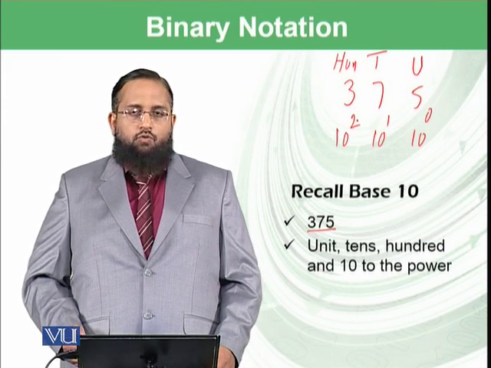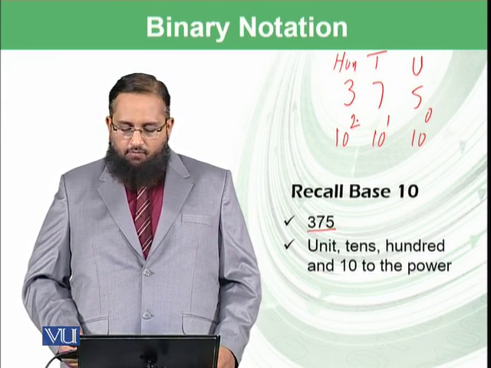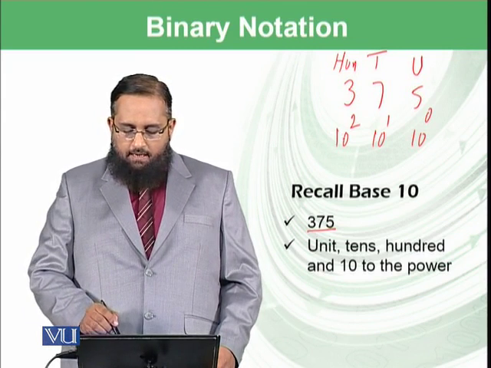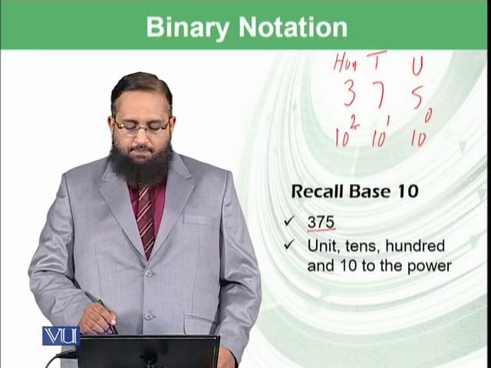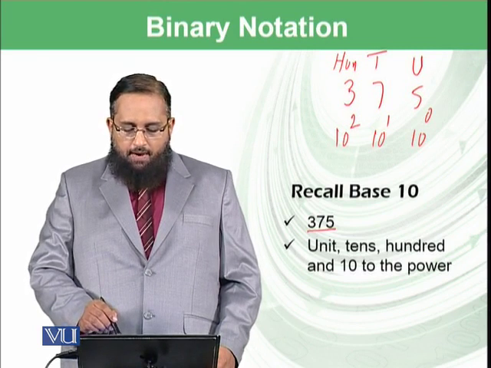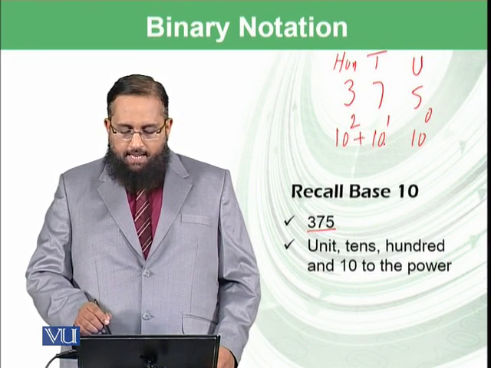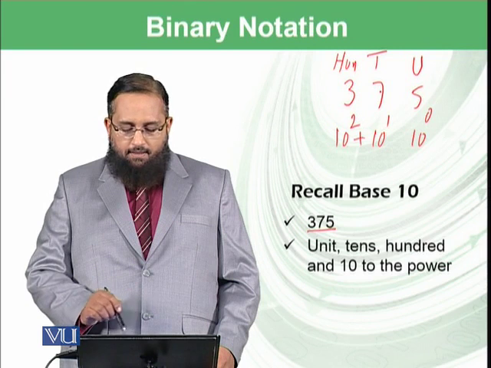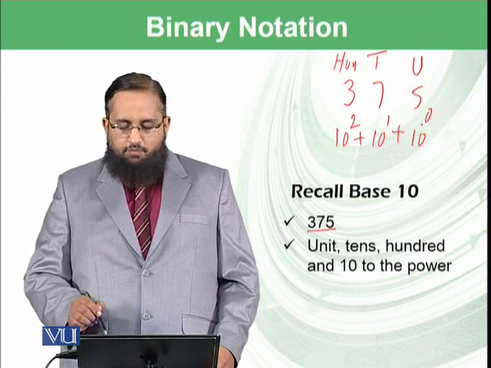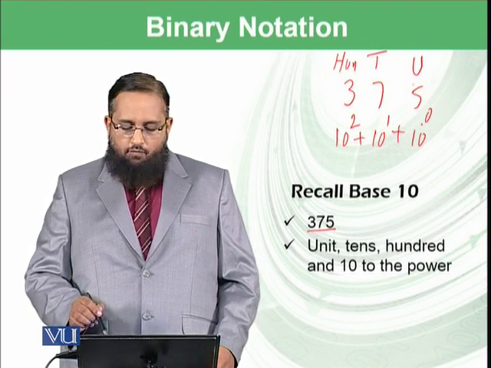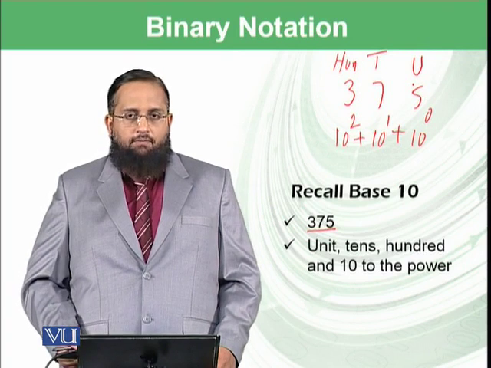To translate 375, you say 10 raised to power 2, which means 100 multiplied by 3, which forms 300, plus 10 multiplied by 7, which is 70, plus 10 raised to power 0, which means 1 into 5, so it becomes 375.